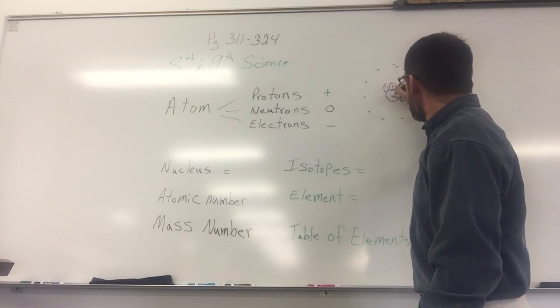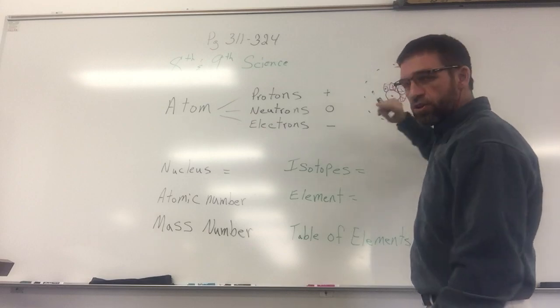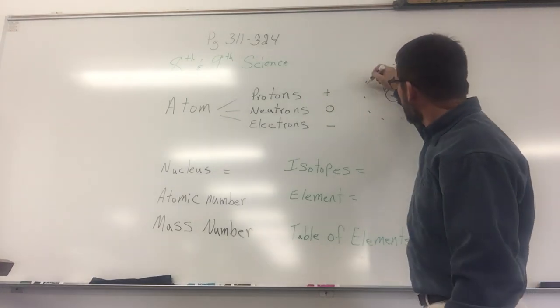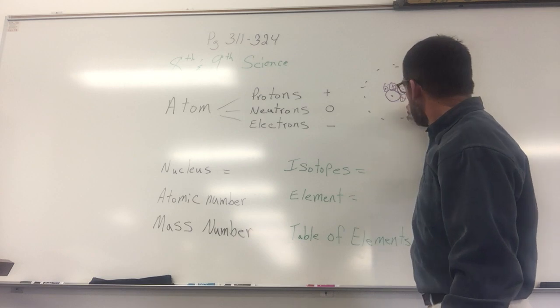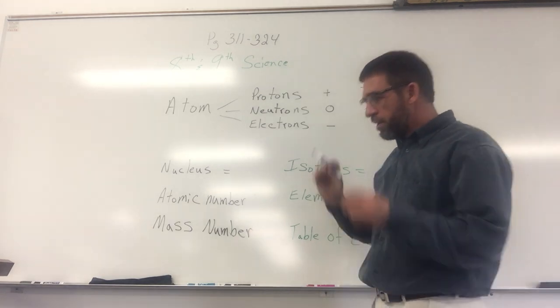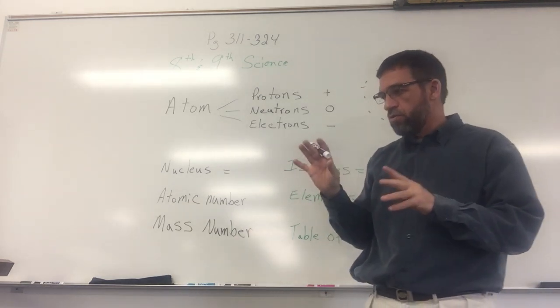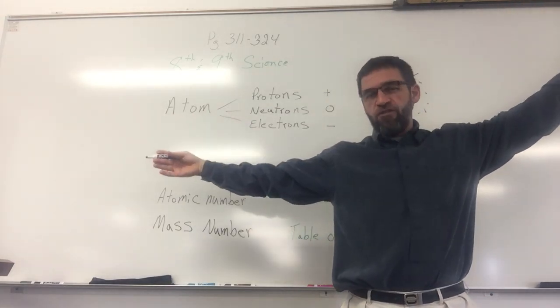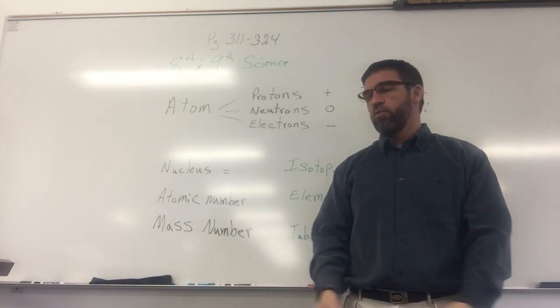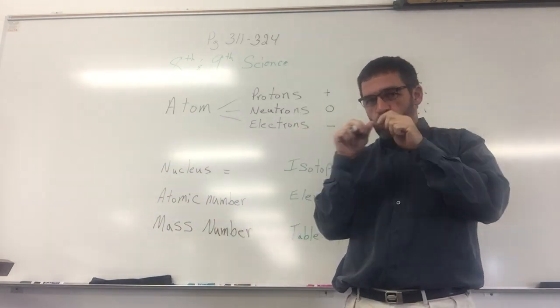And these other guys are zeros. So the neutrons are 0, and the electrons out here are your negative charge. These are negative. And while your picture doesn't do a good example of it, these electrons should be way far out there traveling around.